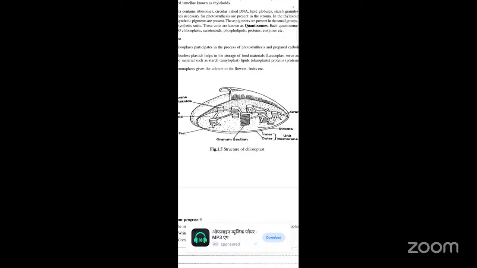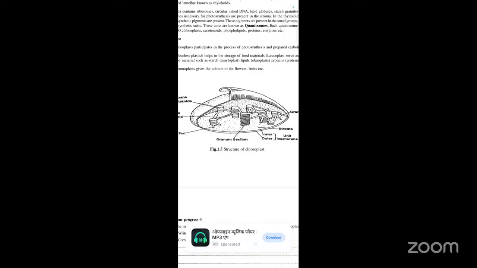It controls all metabolic pathways and hereditary activities of the cell. The nucleus is found only in eukaryotic cells, whereas prokaryotes do not show a nucleus. A well-differentiated nucleus can be seen in eukaryotes. There is no differentiated nucleus in prokaryotes.